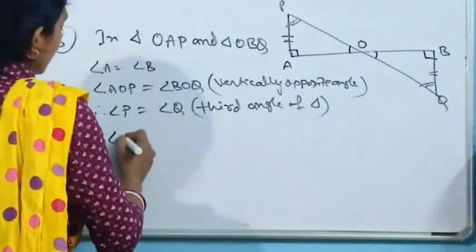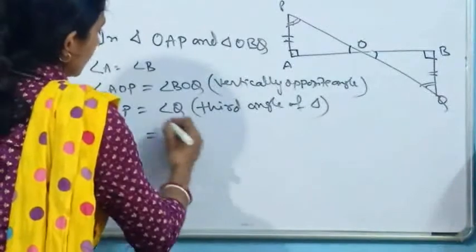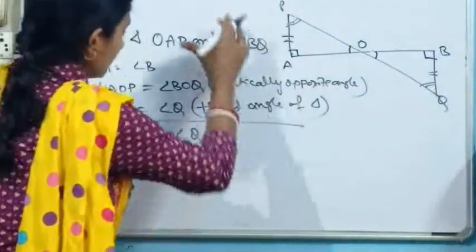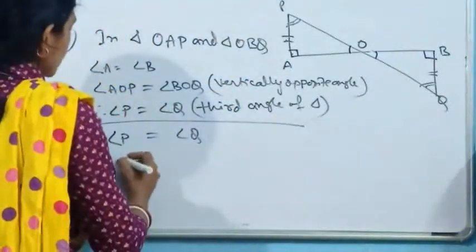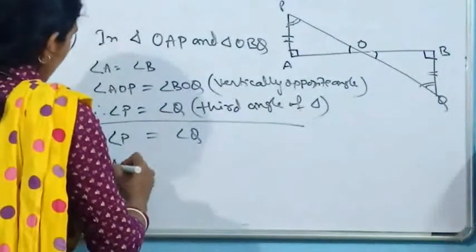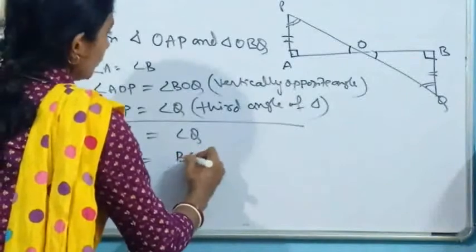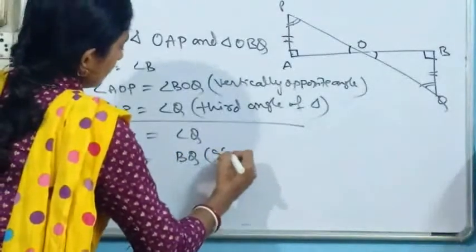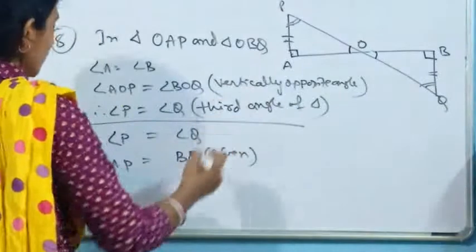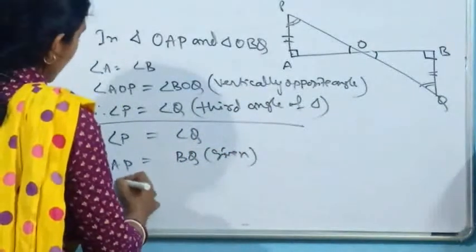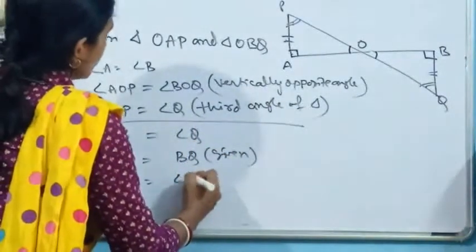Angle P equal to angle Q. Now I summarize them. Next, side AP equal to side BQ. It is given in this question. Now one more thing we have, angle A equal to angle B.